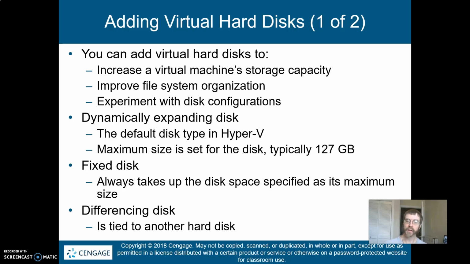By definition, these disks are dynamically expanding. That's the default disk type. The maximum size set for the disk is usually 127 gigs, and if you want your disk size to be something smaller than that, you actually have to set it manually.